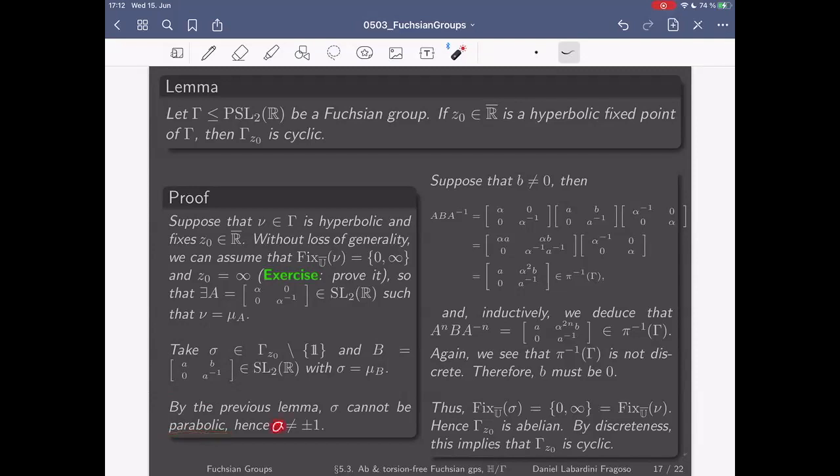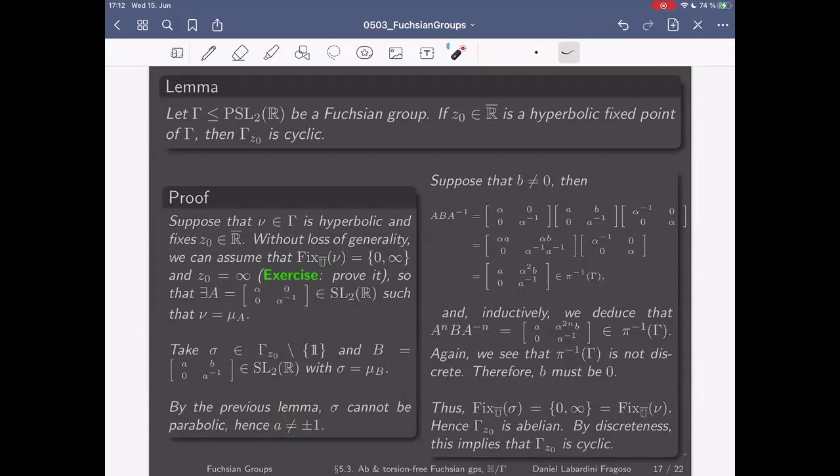So A cannot be equal to plus or minus 1, because the stabilizer, we saw, if it has some parabolic elements, then it cannot also contain hyperbolic elements. And since we have a hyperbolic element here, we cannot have a parabolic element in the stabilizer. So that implies that A cannot be equal to plus or minus 1.